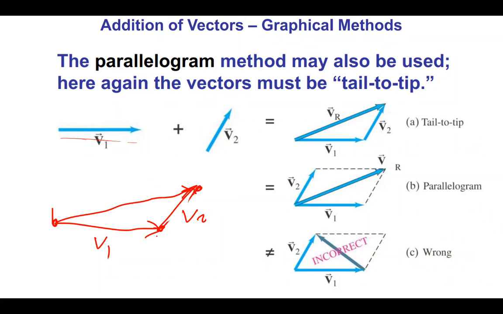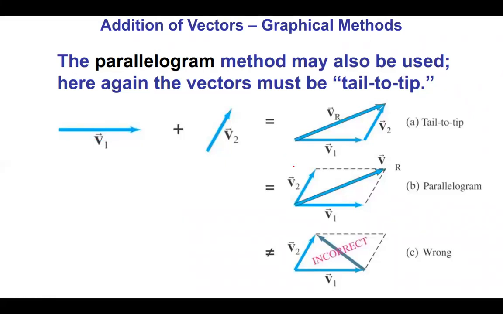So you can't say the resultant vector is this side. No, it's not correct that way. This is what they are also trying to tell you here. You have vector 1 and vector 2. When added together, you get VR.